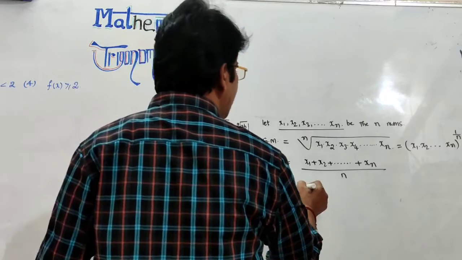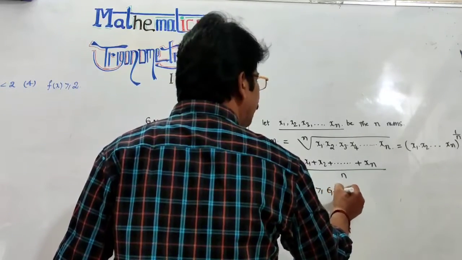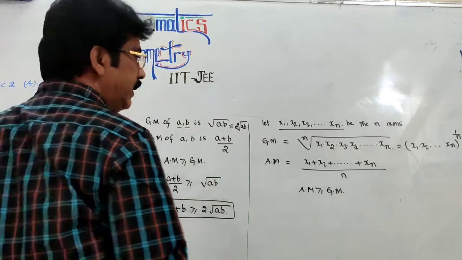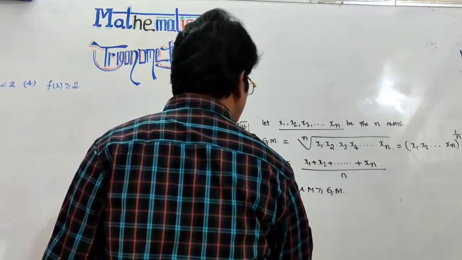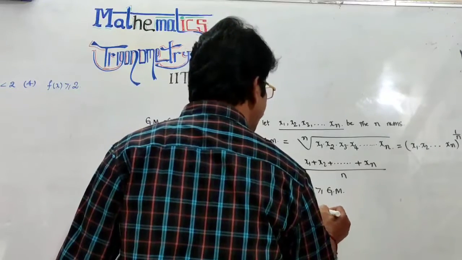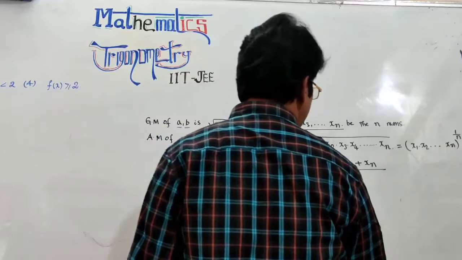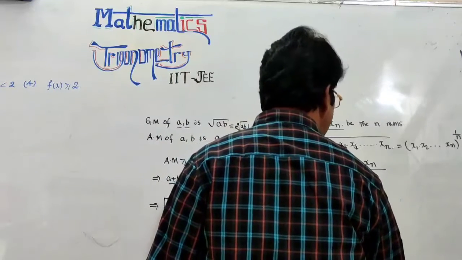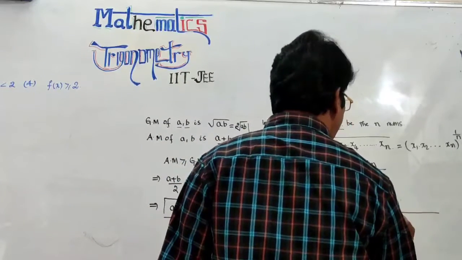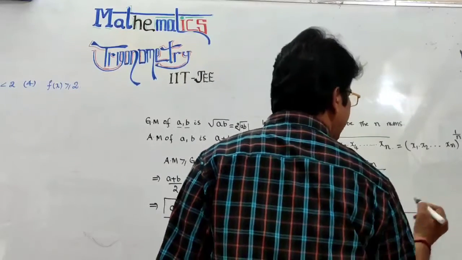So for which the general formula is AM is always greater than or equal to GM, geometric mean. So AM means x1 plus x2 plus and so on plus xn whole divided by n is greater than or equal to nth root of x1 into x2 into and so on xn.